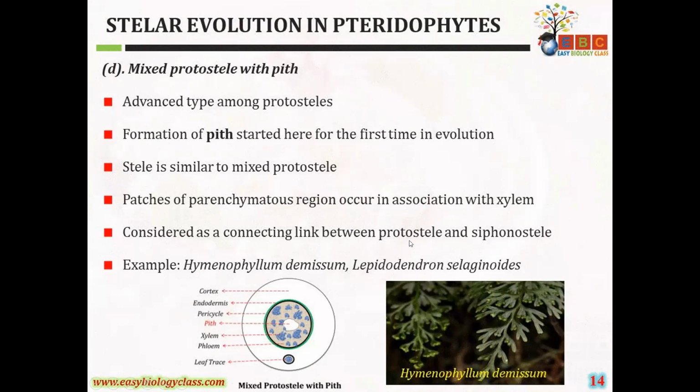In protostele, pith is absent, whereas in siphonostele, pith is present. Here a pith-like structure is formed, made up of parenchymatous cells. Examples for this are Hymenophyllum and Lepidodendron species, in which this stele is present.